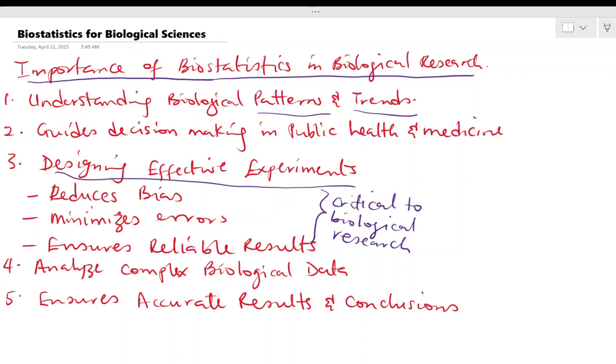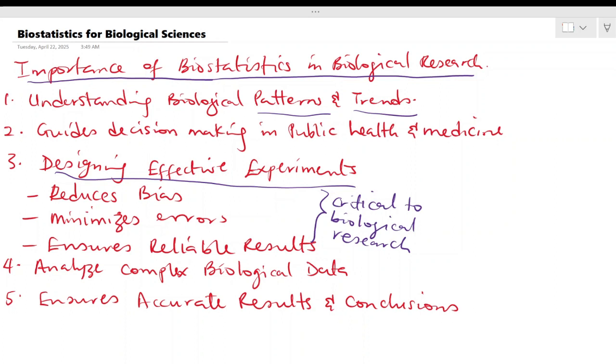Also, biostatistics helps to design effective experiments. This is actually very critical to biological research. It's essential in planning scientific experiments and helps researchers to decide how to collect data, what sample size to use, and which statistical methods to apply to make accurate conclusions.